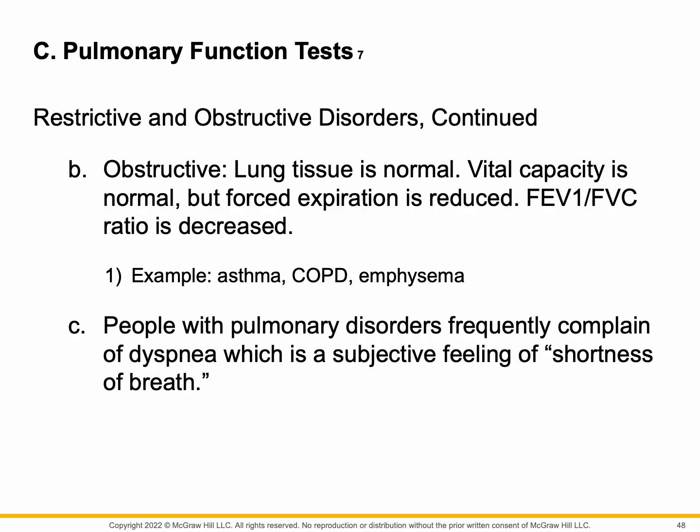The pulmonary function tests for an obstructive lung disease patient will oftentimes show reduced FEV1, so forced expiratory volume in 1 second, as well as normal or reduced FVC. But the ratio of FEV1 to FVC will oftentimes be decreased. Patients with pulmonary disorders oftentimes will describe a shortness of breath, but this is quite subjective and you have to really quantify it to know what's happening.